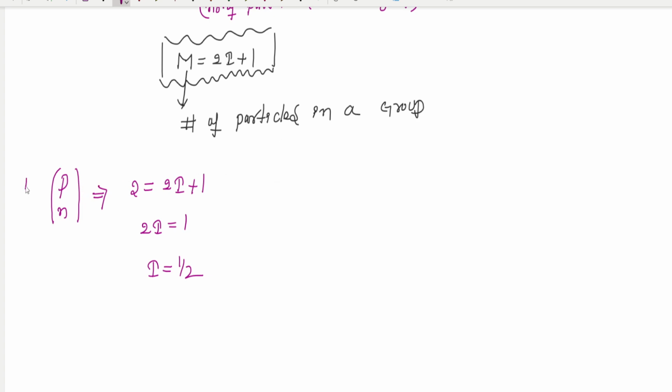Next category, second category. Baryons are there, right? Sigma plus, sigma 0, sigma minus. If you try to observe these classifications, why I classify in different manners is because these classifications are useful to follow the conservation law easily.